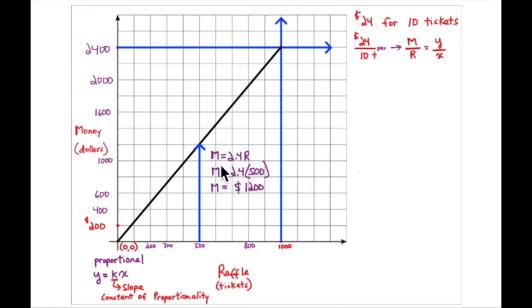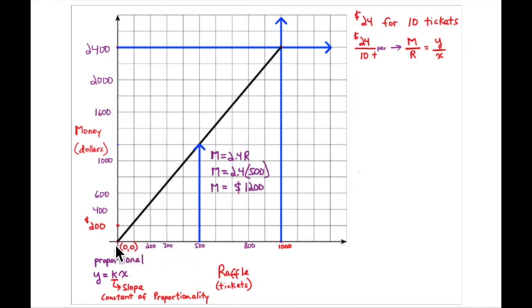The amount of money is equal to $2.40, or 2 4/10 times the number of tickets. So M equals 2 4/10 times R. And what that's telling you is that in the vertical direction, that's always going to be 2 4/10 times farther than the measurement, the number of units in the horizontal direction.